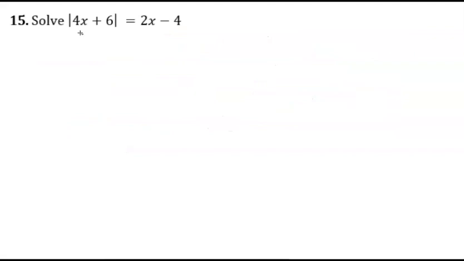Okay, let's look at this one. Number 15. Solve absolute value of 4x plus 6 equals 2x minus 4. So the first thing we want to do is make sure the absolute value is isolated on one side. It is. From here we'll have our positive part and our negative part.